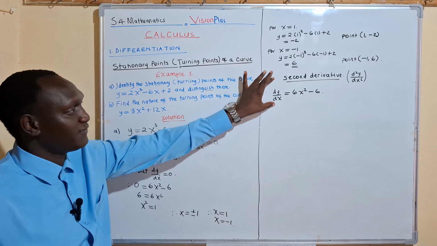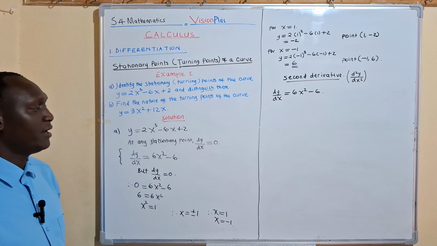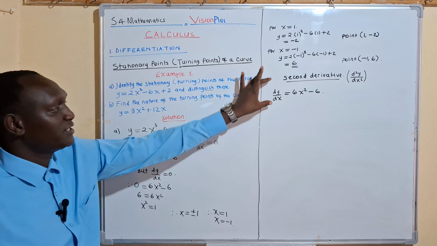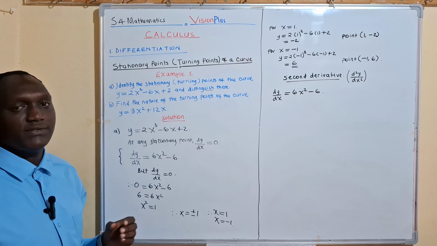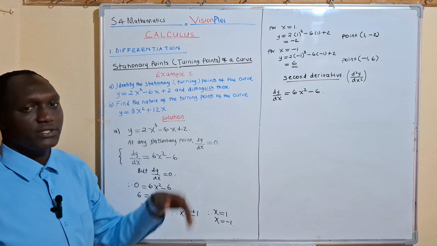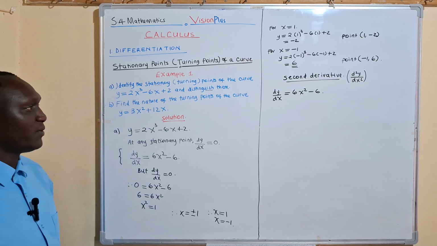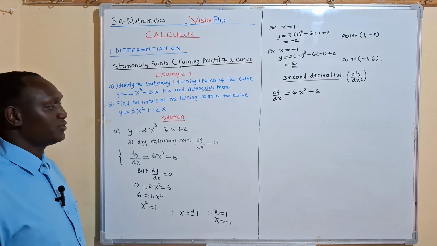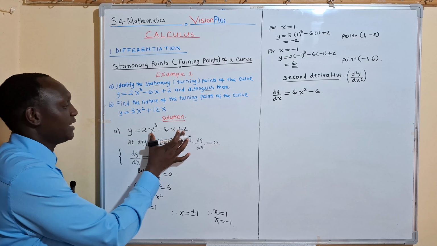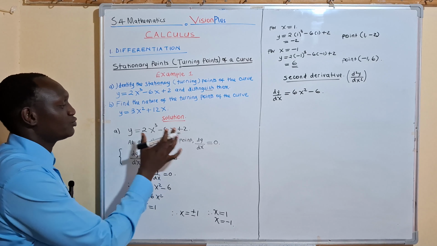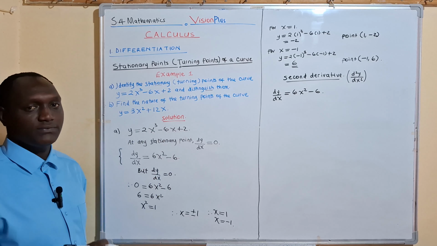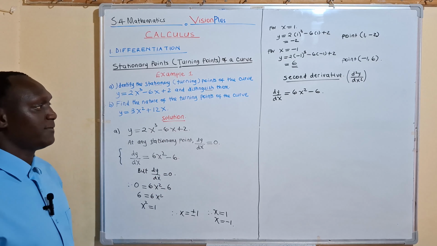Okay, this is the first derivative. We differentiate the first derivative again. In other words, to get the second derivative, we differentiate the equation of the curve 2 times.